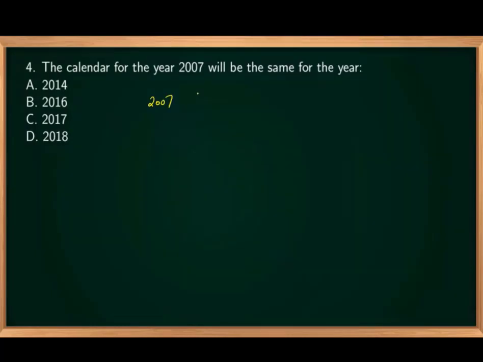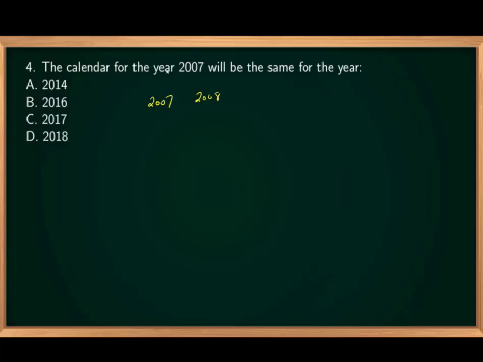We have to find from 2000, because 2007 means up to December 31st. Then we have to find the next year. So in 2008, we are actually finding how many days in between. Next, what year we have to find, that we don't know.